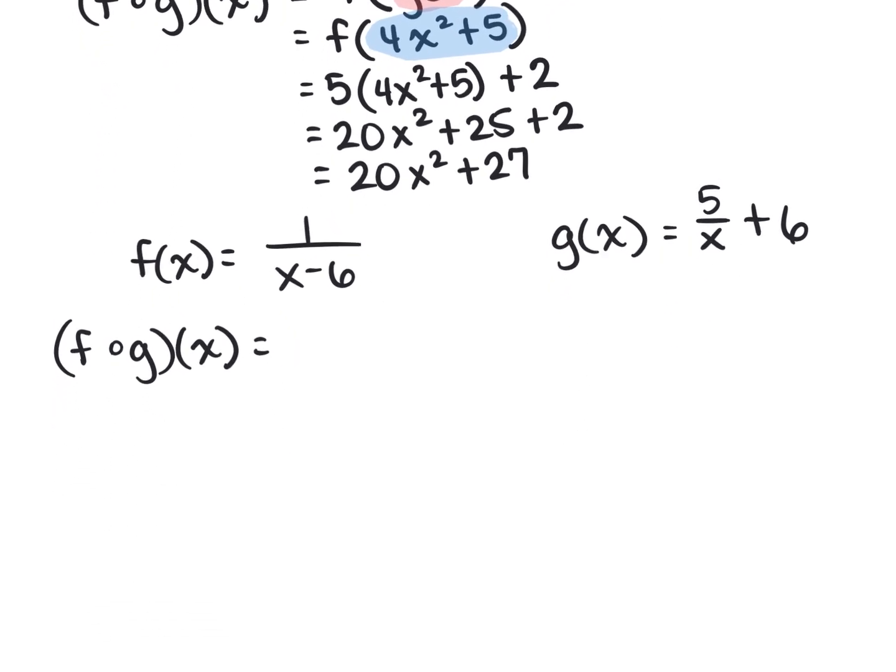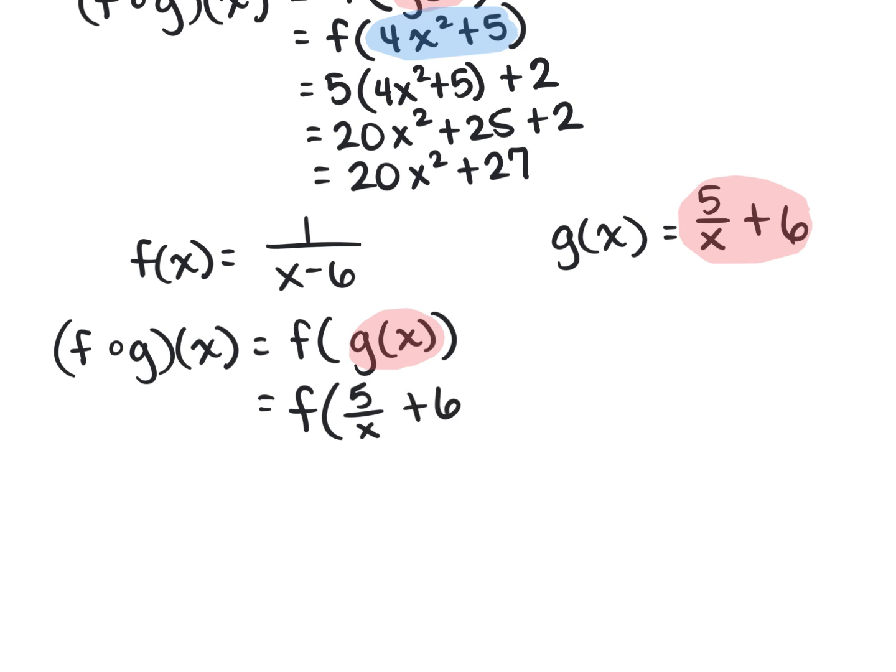However, you have fractions. So my golden rule with this is that you can never leave a fraction in a fraction. So we have f of g of x. We're going to do the exact same thing. So g of x is being substituted into this. So I have f of 5 over x plus 6.